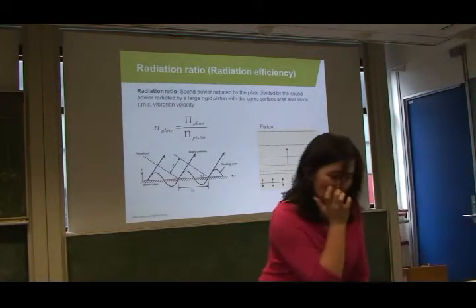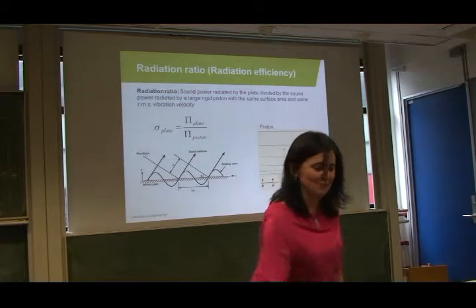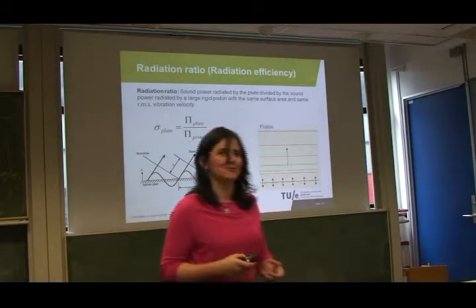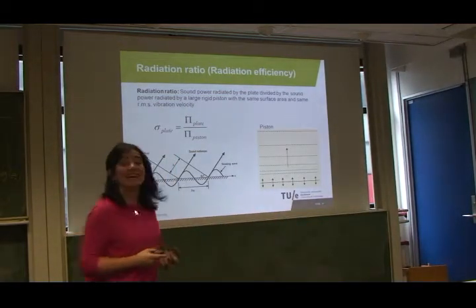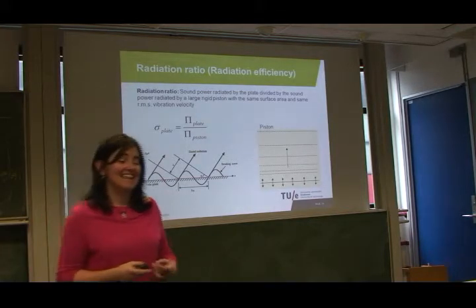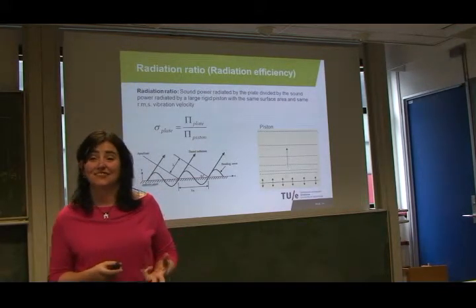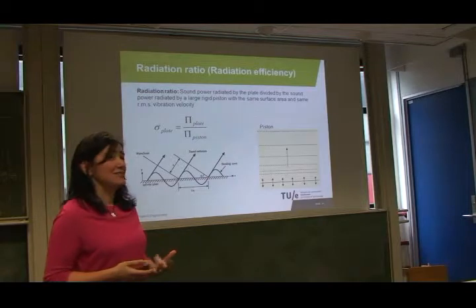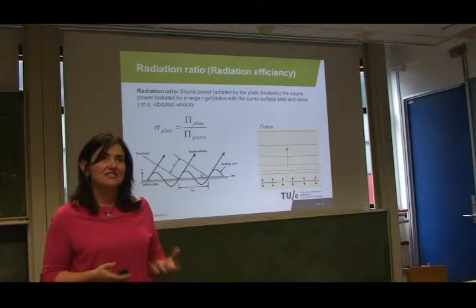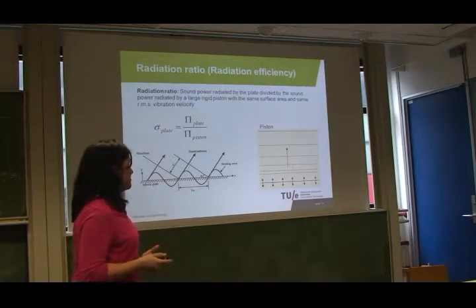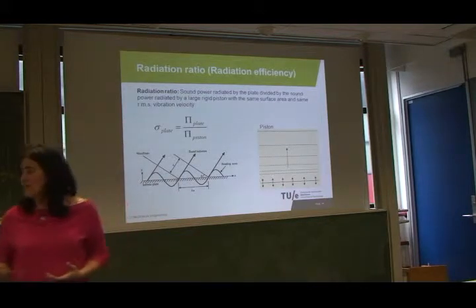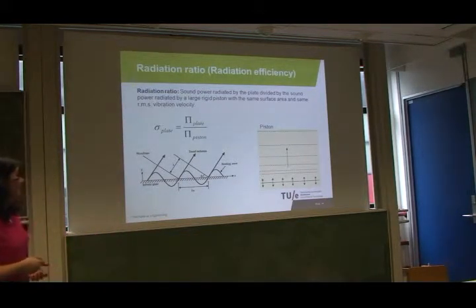Anyway, this brings me to the next thing that is used to explain how plates radiate, and this is the concept of radiation ratio, which, if you think about it, is rather artificial, I would say, because someone thought, I don't know why, possibly Shure knows why, of comparing the radiation of the structure itself to some reference radiator.